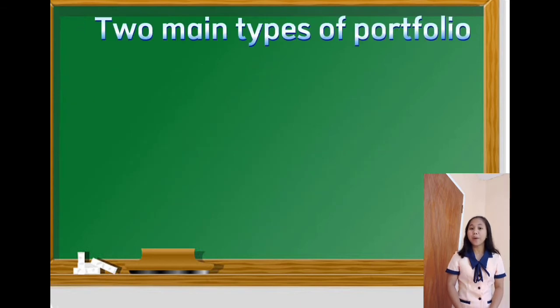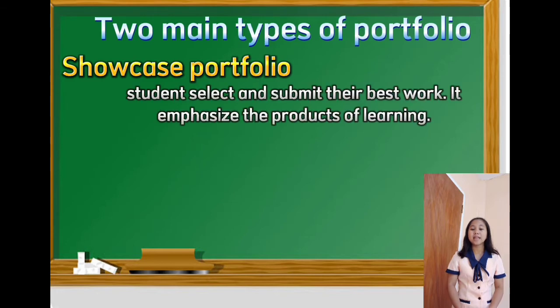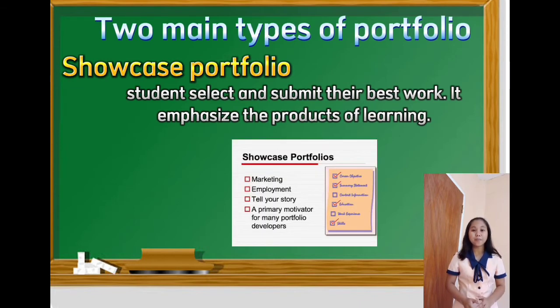There are two main types of portfolio. First is the showcase portfolio. In this type of portfolio, students select and submit their best work. It emphasizes the products of learning, for instance, marketing, employment, telling your story, and is a primary motivator for many portfolio developers.